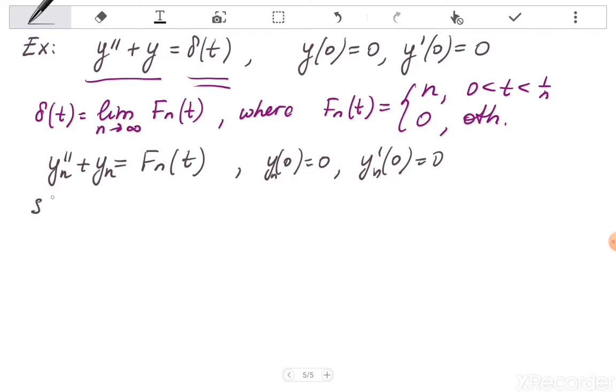So on this side we have s squared Yn of s plus Yn of s, and on this side we have the Laplace transform of this function fn.